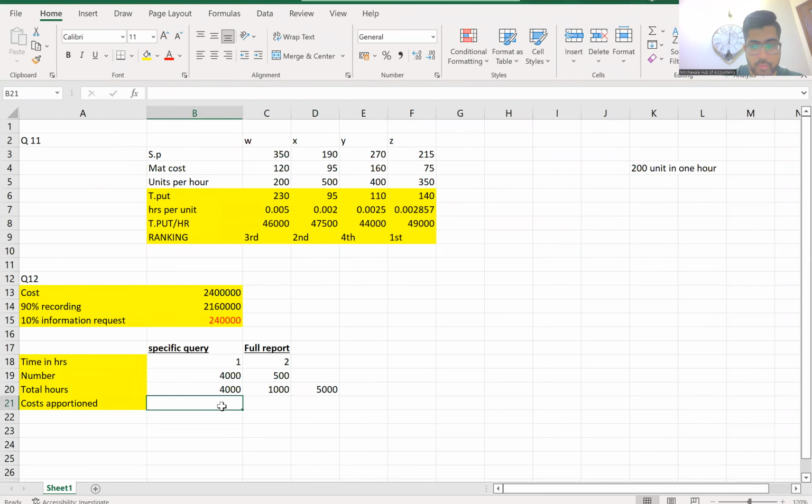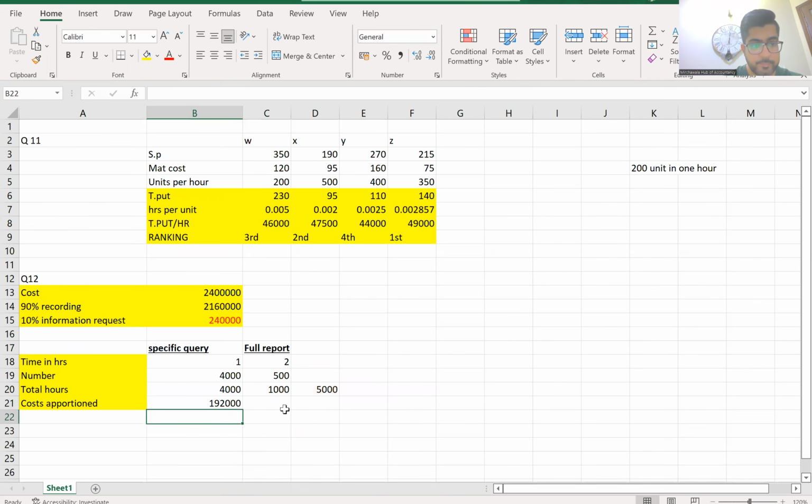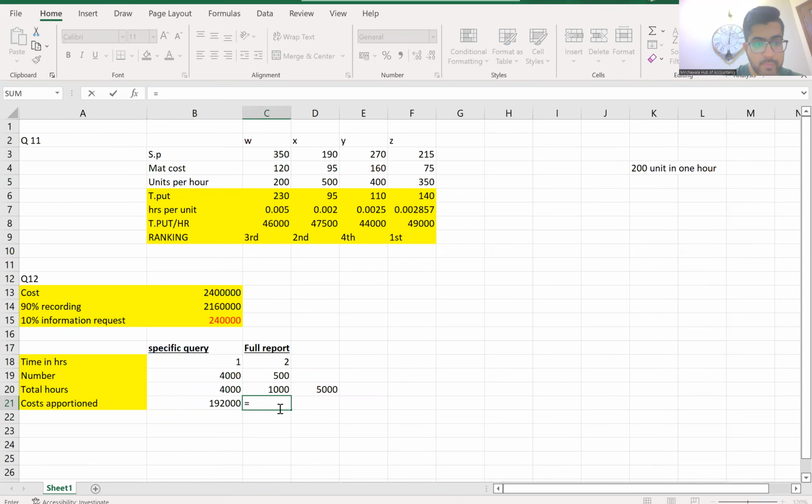So for specific query, the time is 4,000 divided by total 5,000 into how much cost? 240,000, 192,000. And on full report, how much cost is apportioned?